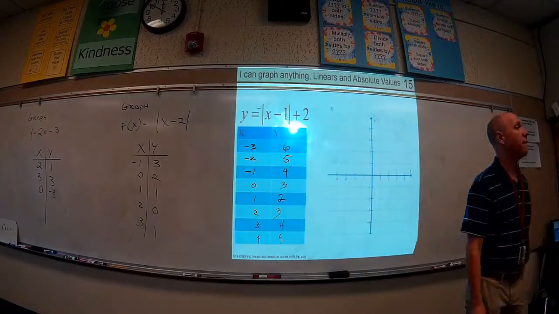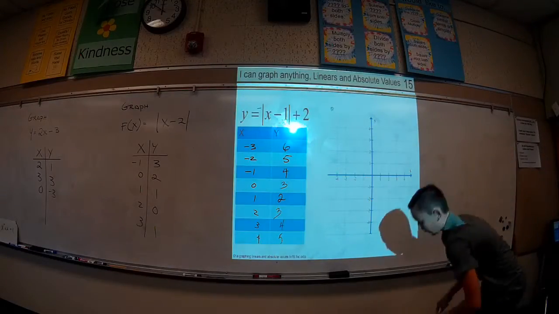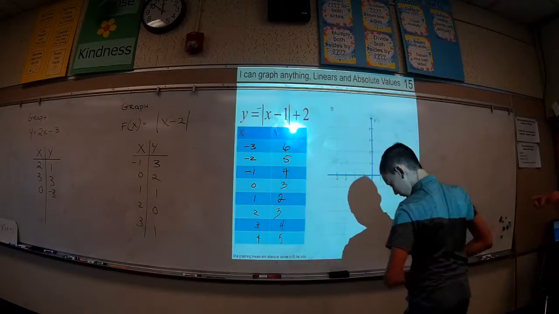Plot it. You should get a V shape. Because you got it right there.